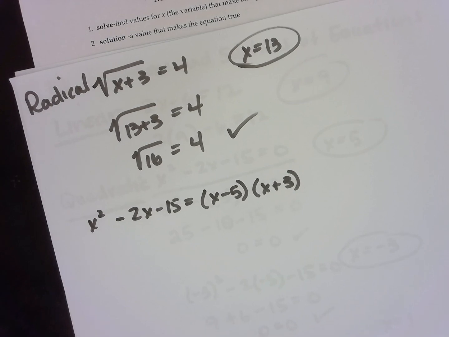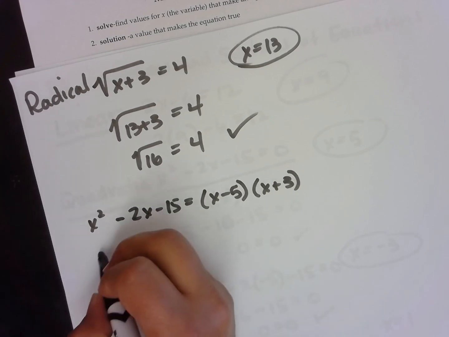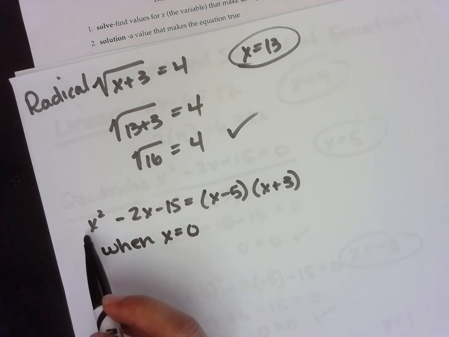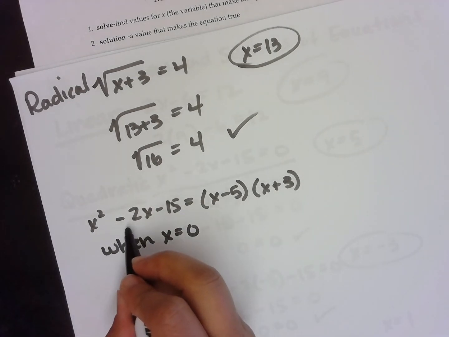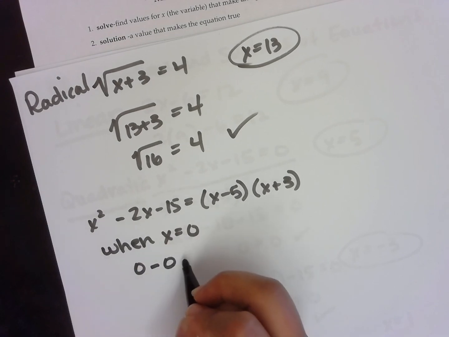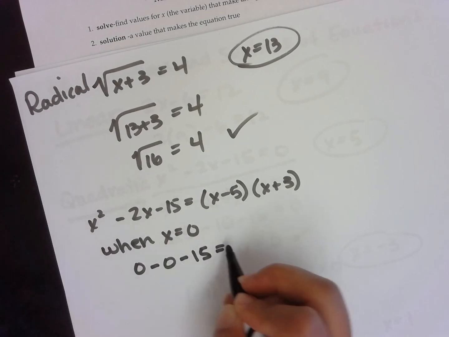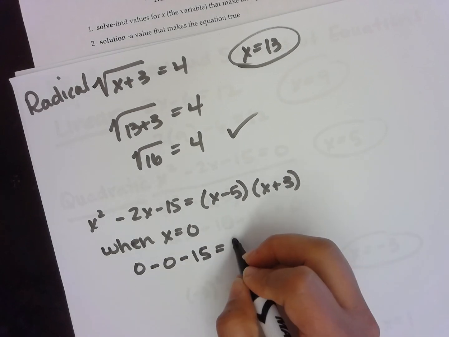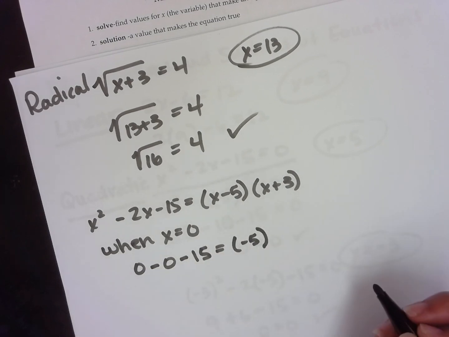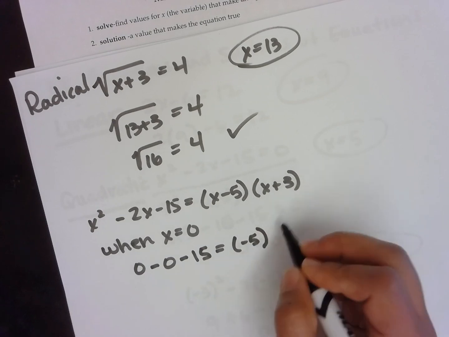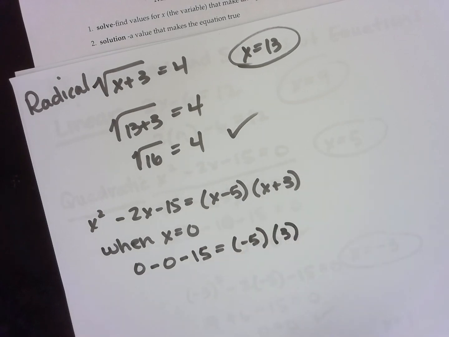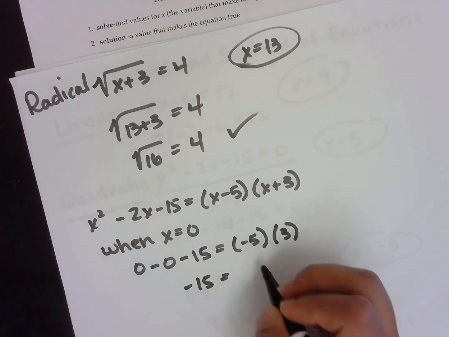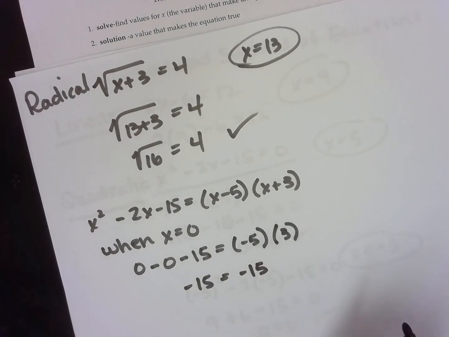So if I plug in x equals 0, then I have 0 squared, which is 0, minus 2 times 0, which is 0, minus 15, is equal to, I plug in 0 and I'm going to get 0 minus 5, which is negative 5. I'll keep them in parentheses. And then I have 0 plus 3, which is just 3. So here I have negative 15 on this side, and here I have negative 15 on this side.